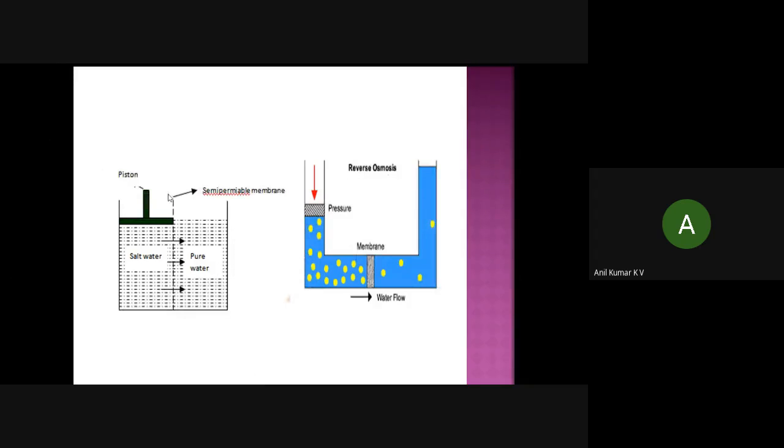This is the schematic representation of the reverse osmosis plant. The piston applies pressure, and the semi-permeable membrane is present in between, where the salt water is applied. The semi-permeable membrane allows only water molecules, not the solid substances.